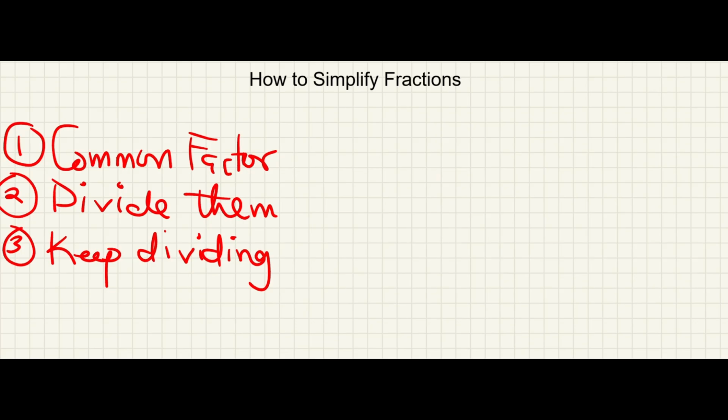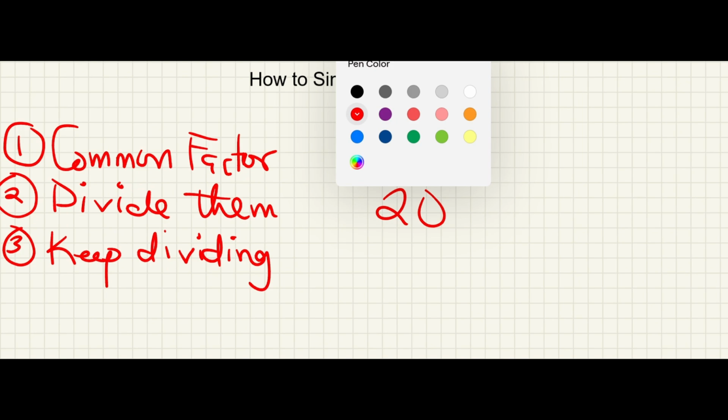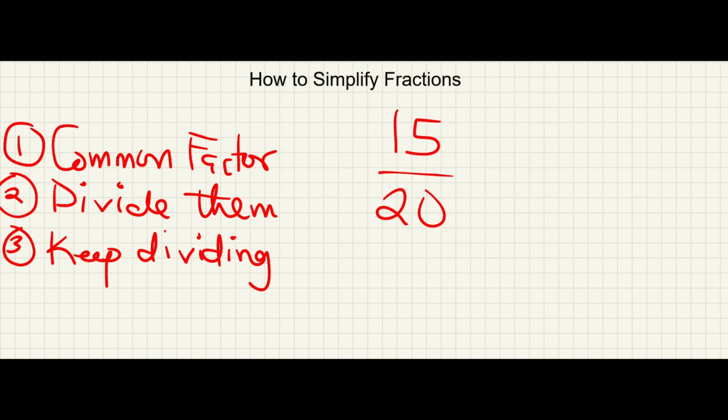All right, we're going with a second example, and that example will be 15 over 20. When we look at the numerator and denominator, we can clearly tell that a common factor of 15 and 20 is 5.